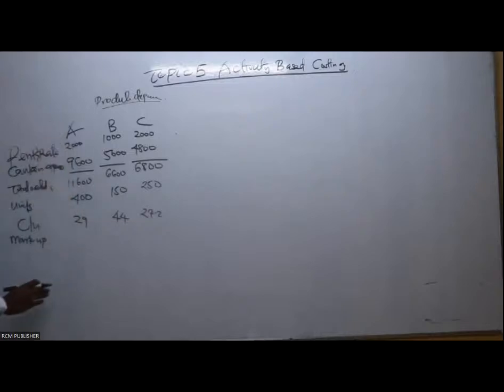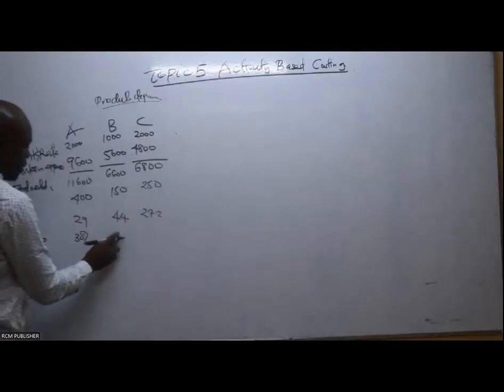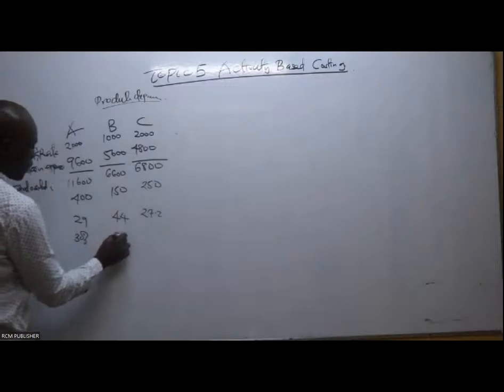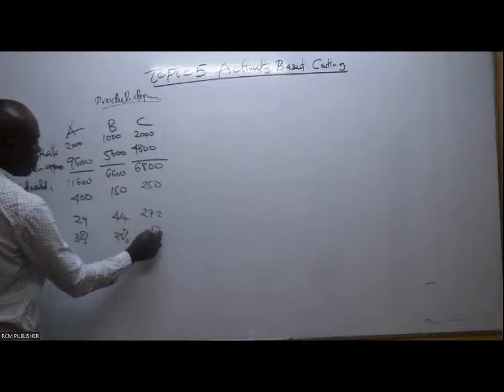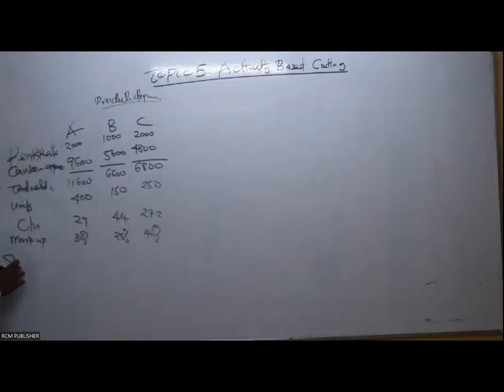For department A, they are introducing markup of 30%. Here, markup of 25%. And then here is 40%. Now get out the selling price.